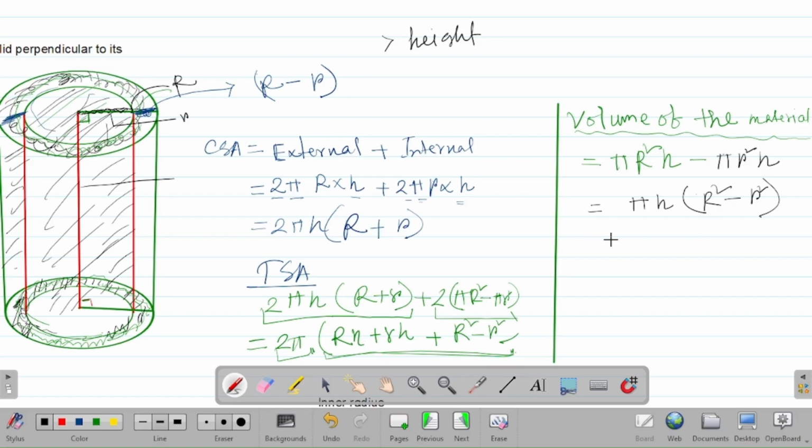This is the volume of the hollow space, and this is the volume of the total cylinder.